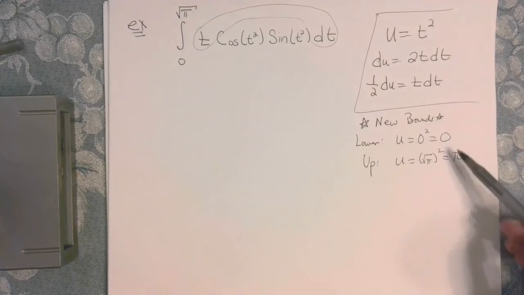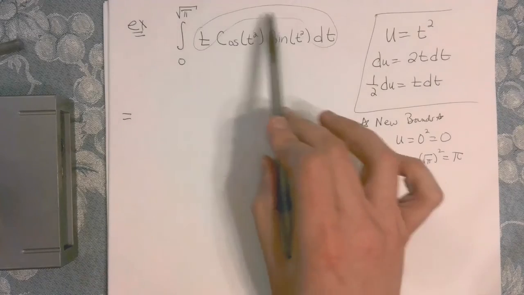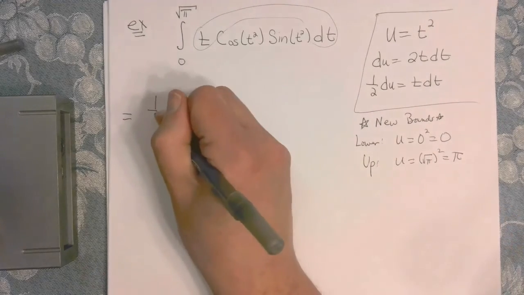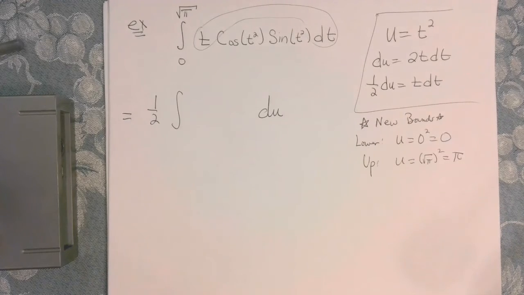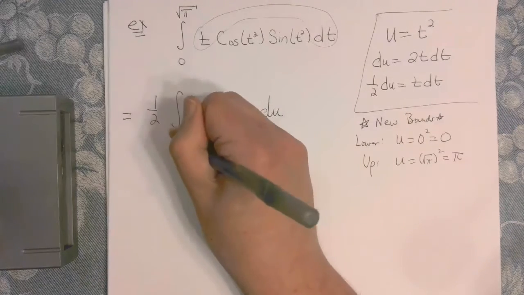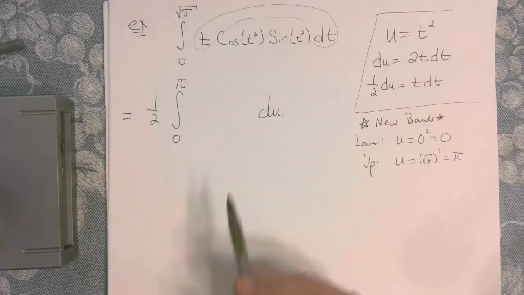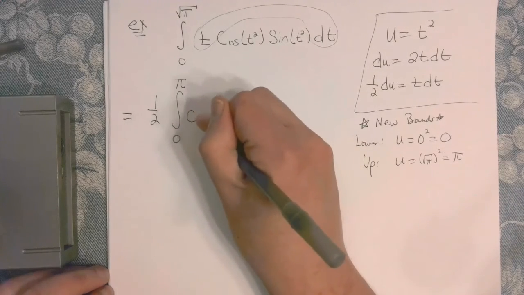So we're going to be integrating from 0 to pi. So this right here gets replaced with 1/2 du. Our new bounds, we're integrating from 0 to pi from here. And this is going to be the cosine of u times the sine of u.